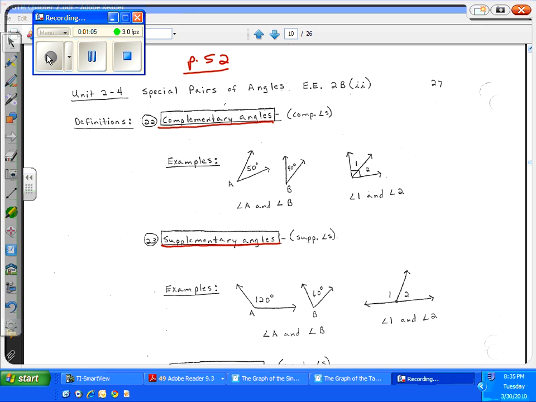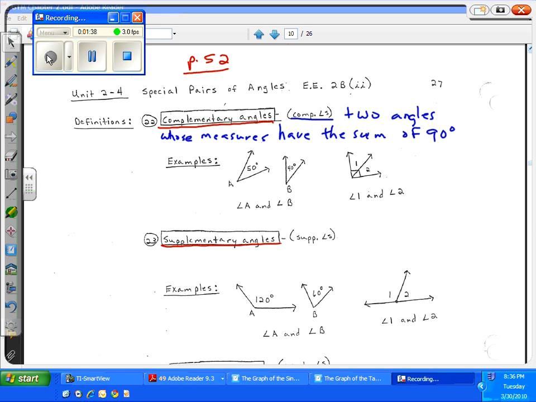Complementary angles, abbreviated like that, comp angles, are, this is important, two, not one, not three, two angles whose measures have the sum, that means they add up to, right, of 90 degrees.